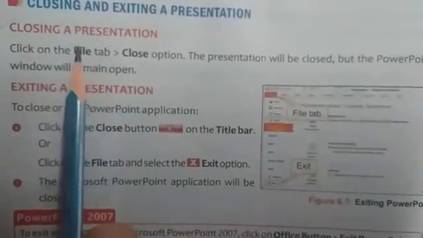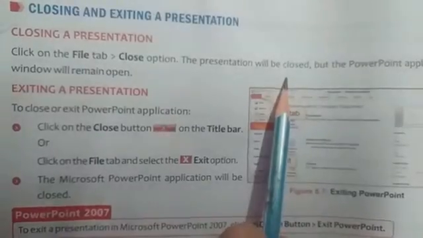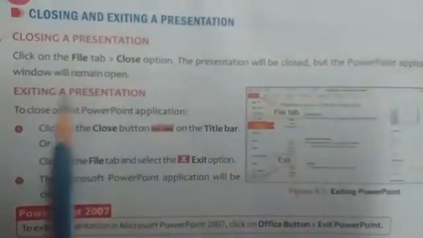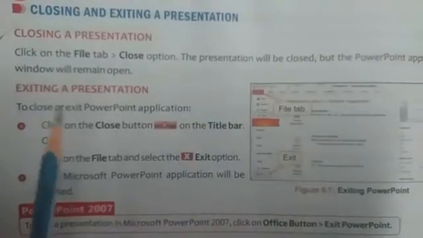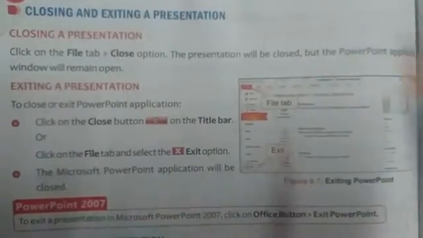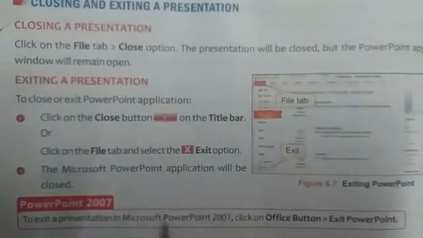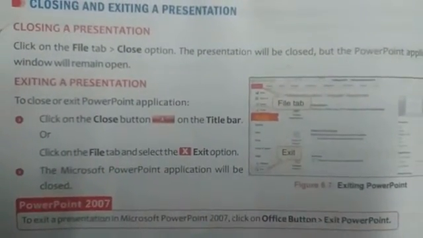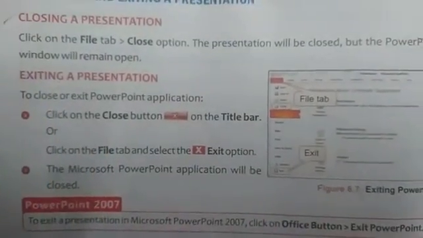Your presentation will be closed, but the PowerPoint window on the screen will remain available as it is. Now if you want to close the full PowerPoint application, then you have to choose the Exit option.